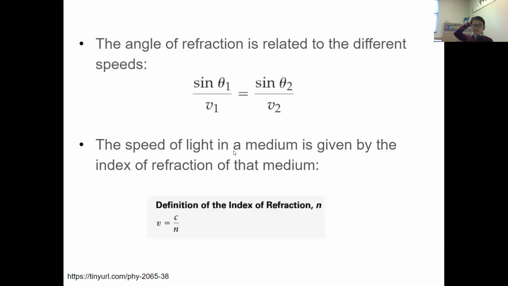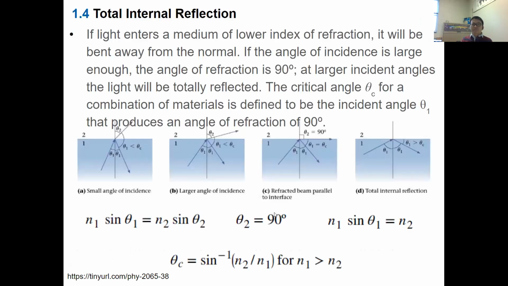Snell's law can also be expressed in terms of the speed of light in the medium: sine theta 1 divided by v1 equals sine theta 2 divided by v2. Because the speed of light is inversely proportional to the index of refraction, you can write them this way, according to the definition of the index of refraction.